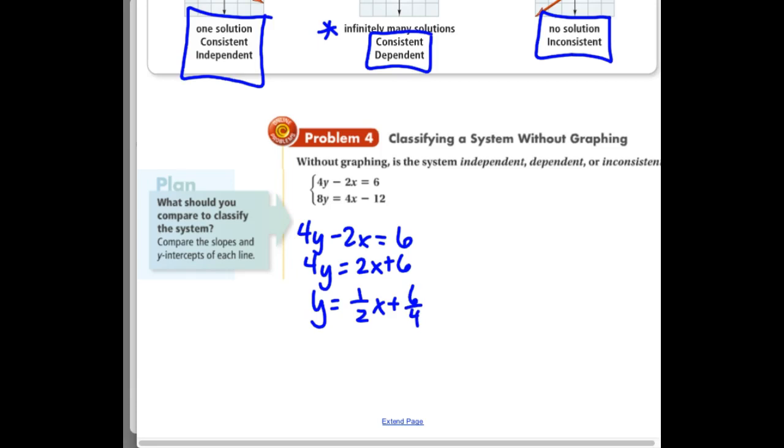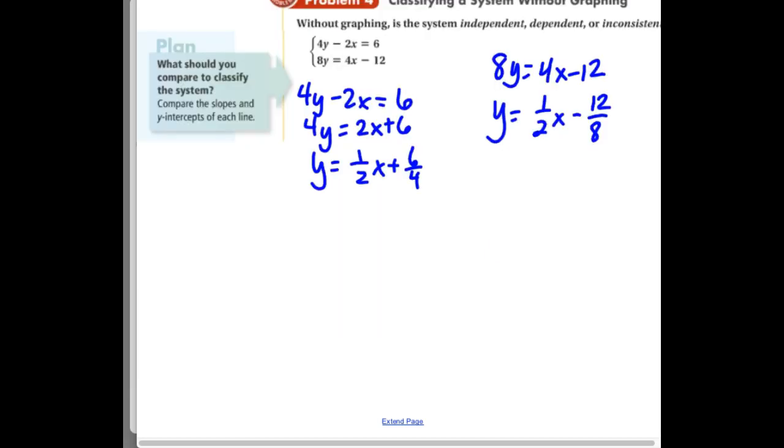Our second one was 8y equals 4x minus 12. If I divide everything by 8, I end up with 1/2 x minus 12/8. And again, if we simplify these, 6/4 would be 3/2. And for here, 12/8 would be negative 3/2.